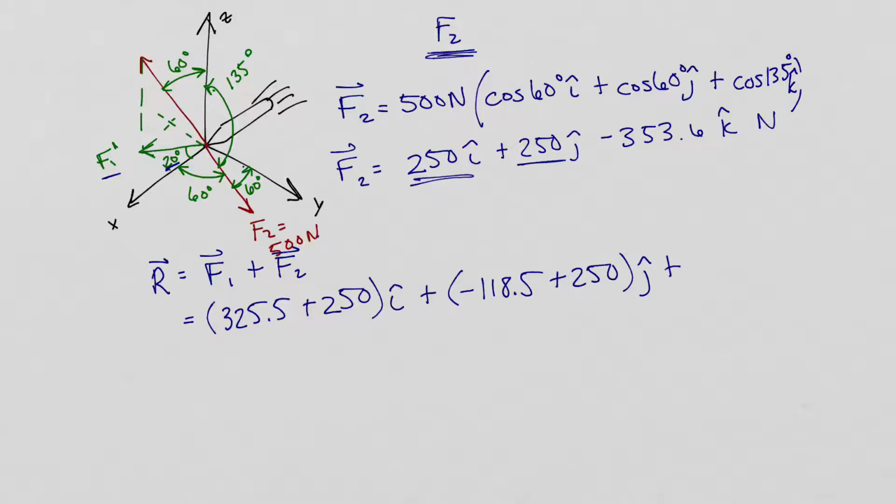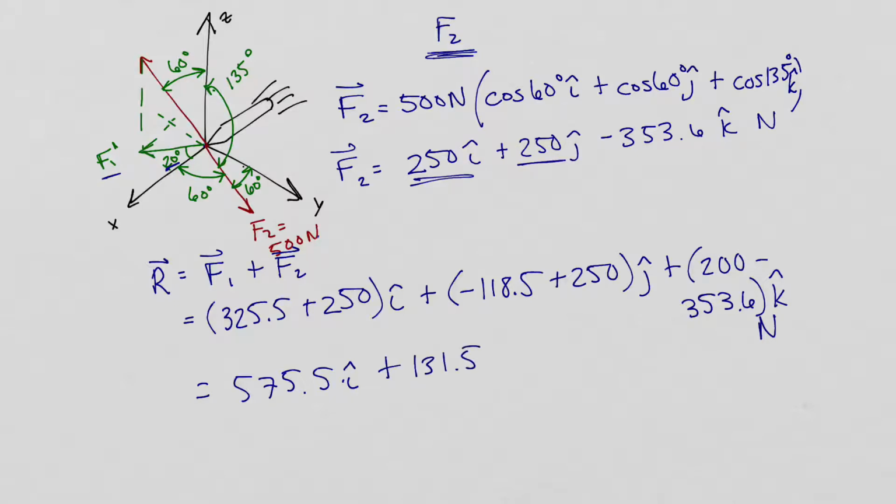And then the K for the F1 was 200 newtons, and then minus that 353.6, and that's all newtons. So we get that resultant force to equal 575.5 I plus 131.5 J minus 153.6 K, and that's in newtons.